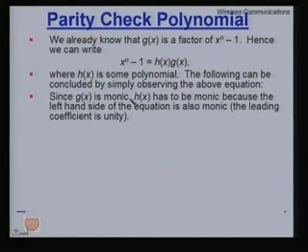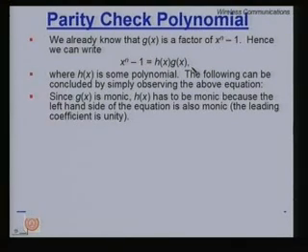Since g of x is monic, h of x has to be monic, because x raised to the power n is the highest coefficient is 1. But please note, here we are not talking only of binary cyclic codes. This is valid for all Galois fields. So, even if I am talking about cyclic codes over GF(8), GF(16), this will still hold good.